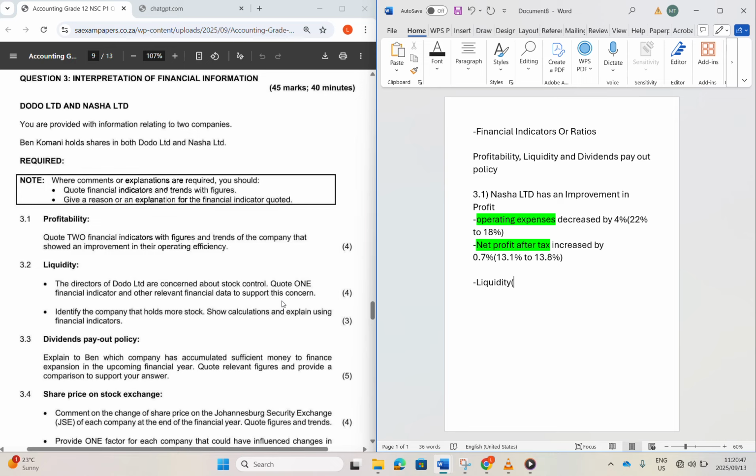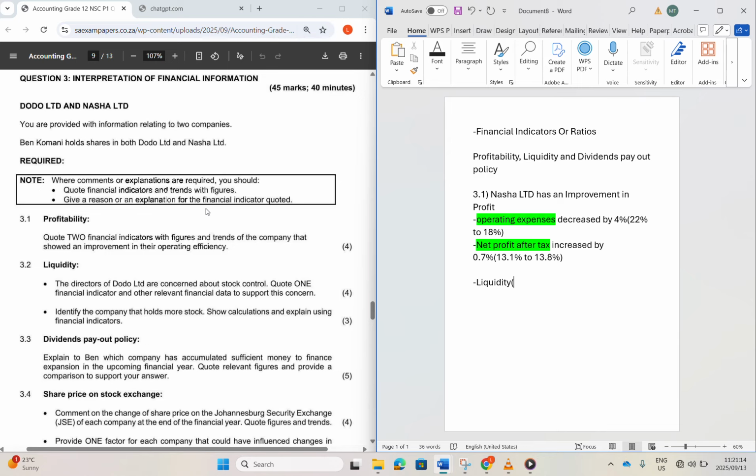We want a liquidity ratio that aligns with the stock control. Then it says identify the company that holds more stock, show calculations and explain using financial indicators.